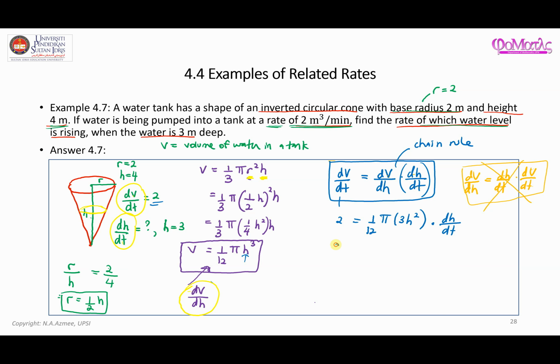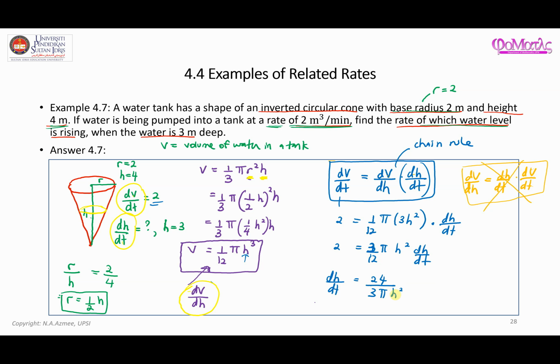Next, I will have 2 equals 3/12 pi h squared dh/dt. And since you want to know what dh/dt is, that can become the subject. So dh/dt will be 24 over 3 pi h squared.